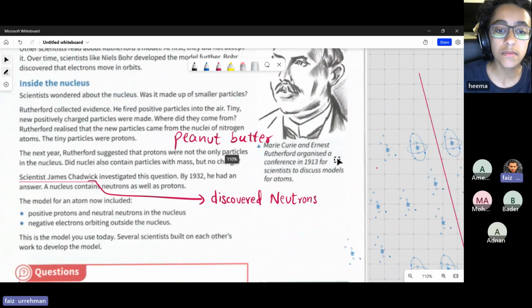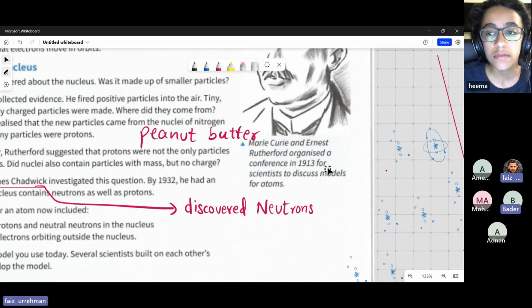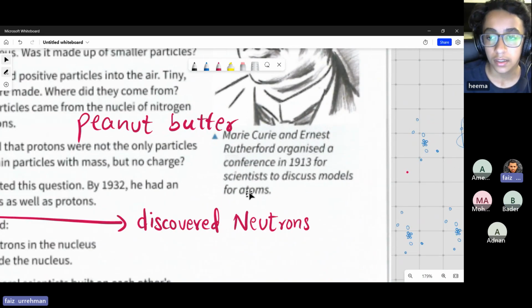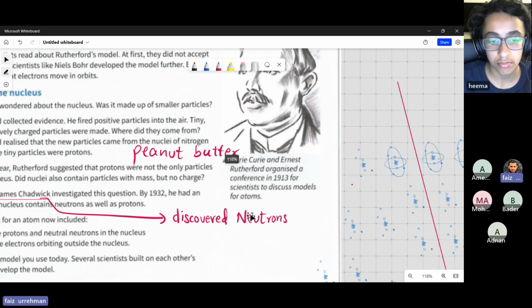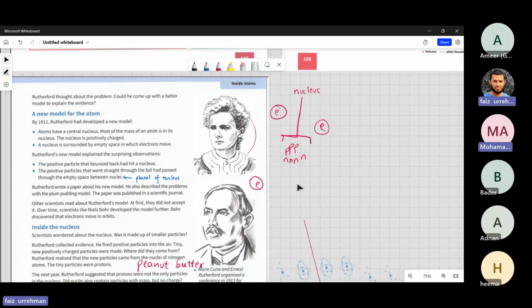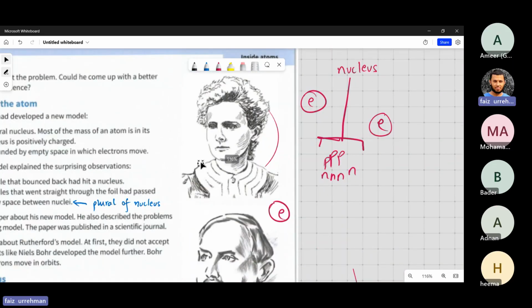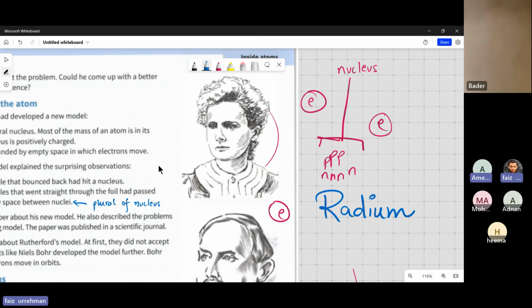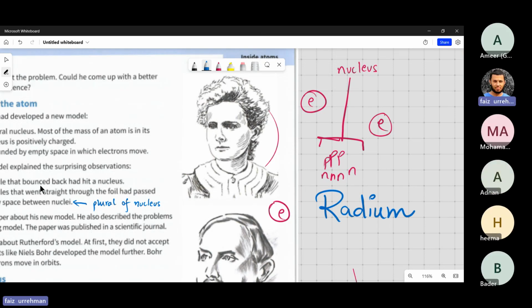Marie Curie and Ernest Rutherford organized a conference in 1913 for scientists to discuss models for the atom. And as far as I remember, she played a big role in discovering radium. Do you know what radium is? It's in the watches. It glows green. When you take your watches into a dark room, they light up.